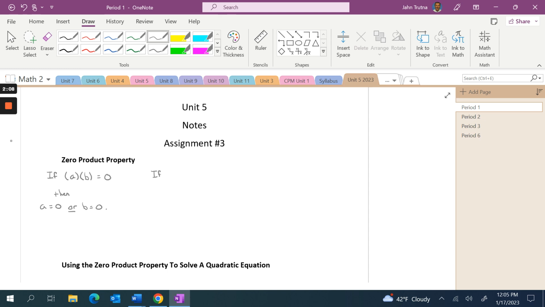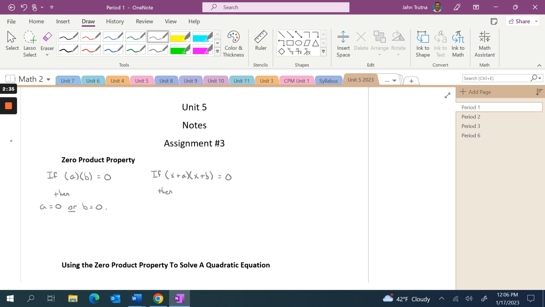Okay, let me give you another example of the zero product property. So if the quantity x plus A multiplied with the quantity x plus B is equal to 0. So once again, notice I am multiplying two values, one of the values being x plus A, the other value being x plus B, and when I multiply those two values together, they are equal to 0.